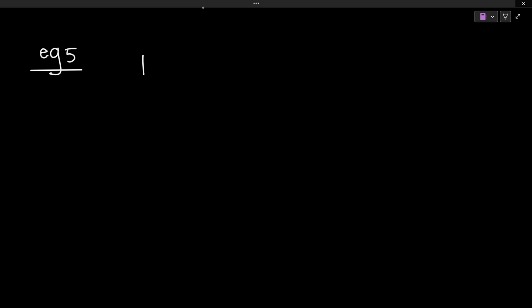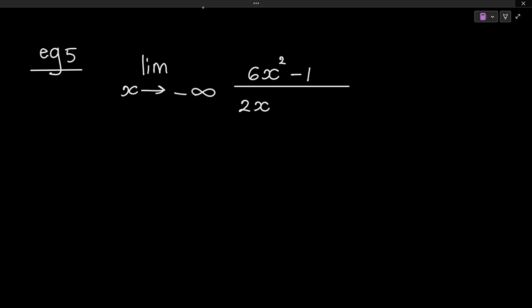For example 5, we have the limit as x approaches negative infinity. We've got 6x squared minus 1, and in the denominator, we've got 2x squared plus 7x.